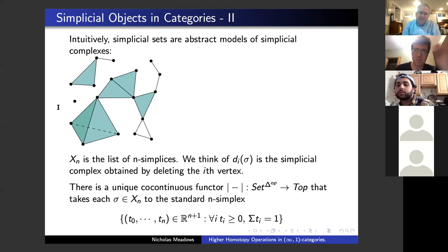You think of each line segment as a face of this, and the face inclusions in the case of this triangle are just the inclusions of these line segments into the triangle.